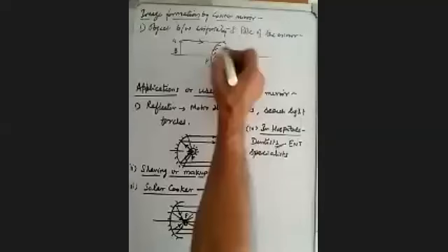We know that the ray either passes through the principal focus or appears to be passing through the principal focus after reflection. It will be reflected in this direction. Extended backwards, it seems to be originating from, or passing through, the principal focus.